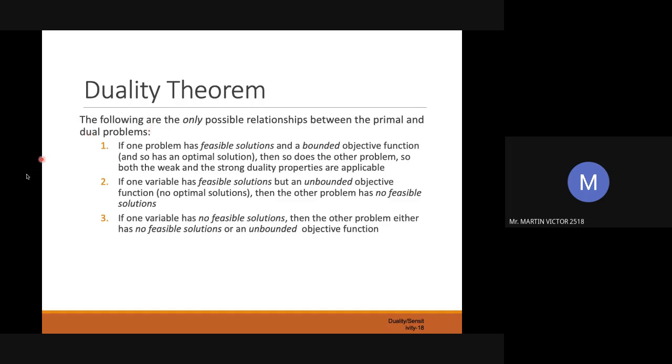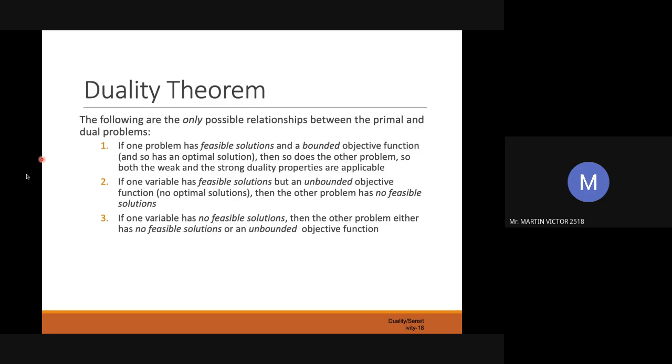Fine. Now, in addition to those rules for duality, there is one more topic called the duality theorem, right? This theorem describes the possible relationships between the primal and the dual problems. We call this the duality theorem. Now here you have to understand some of the situations where it comes up.